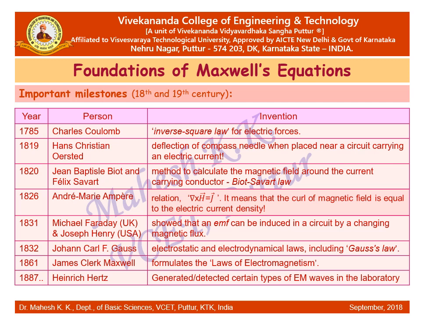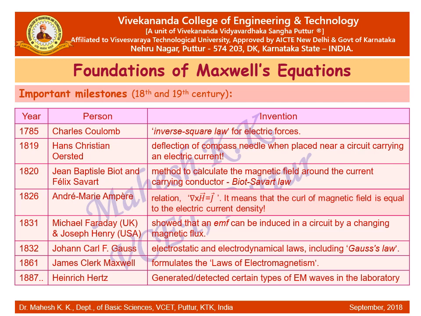Before going further, let us look into the important milestones which led to Maxwell's equations. Let us begin with the inverse square law, which was invented by Charles Coulomb in 1785.